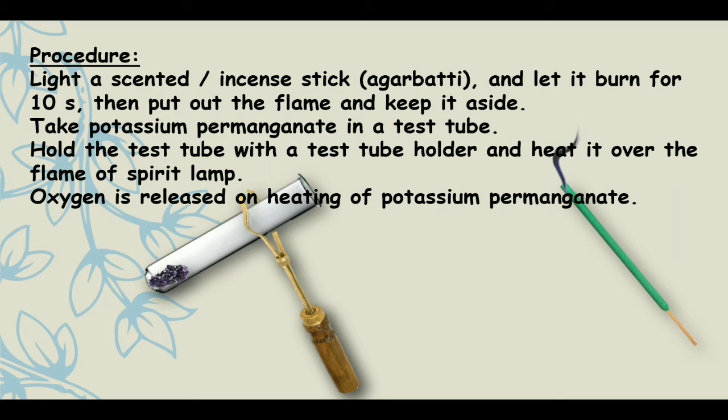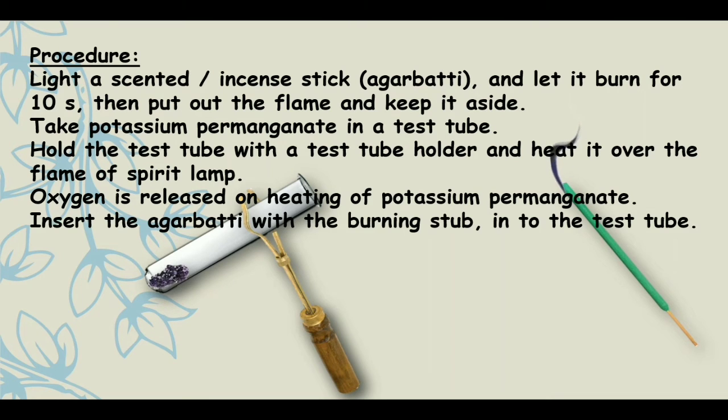When potassium permanganate is heated, oxygen gas is released. While oxygen gas is being released from the test tube, insert the incense or agarbatti stick with the burning stub into the test tube.